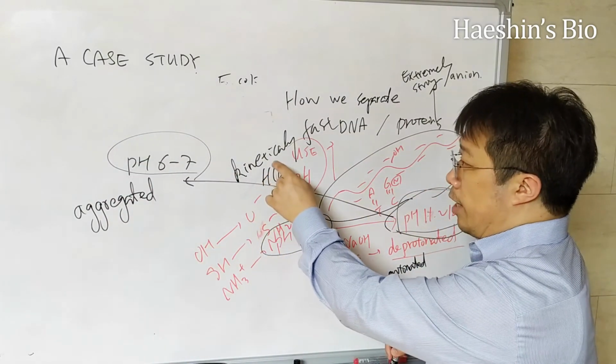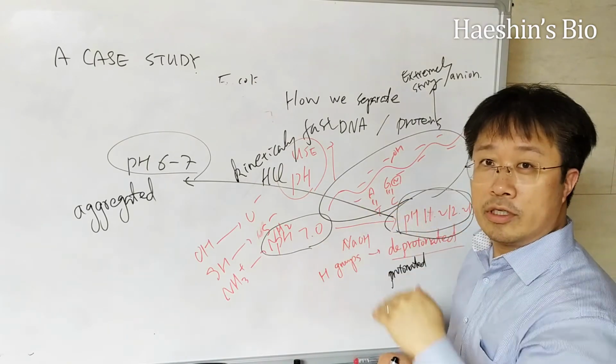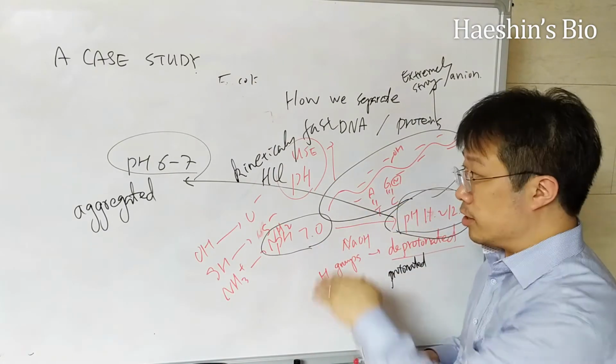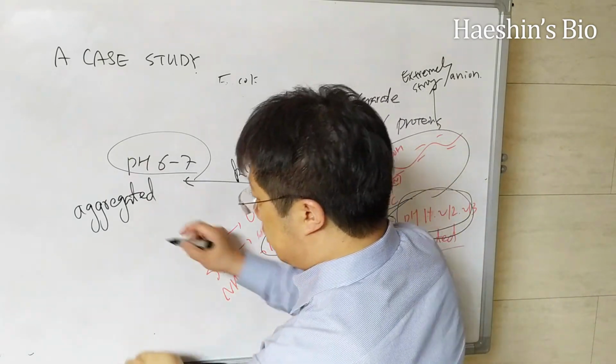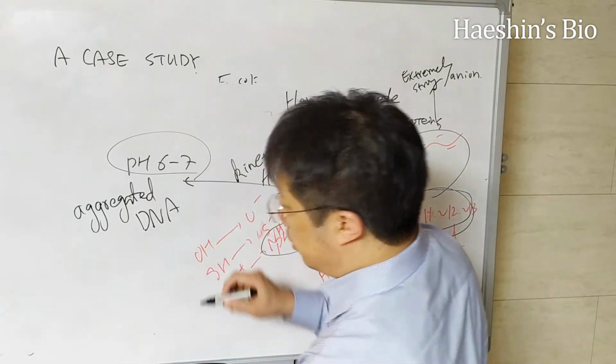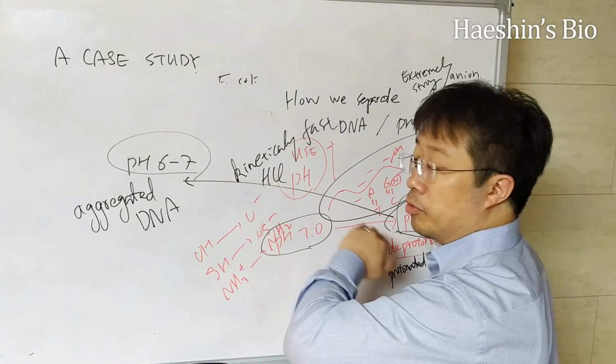If you instead do this slowly, in a thermodynamically equilibrium state, then this aggregated DNA or RNA is not found. So this speed is very important.